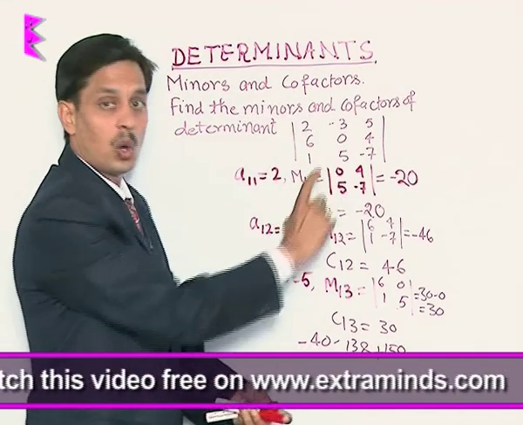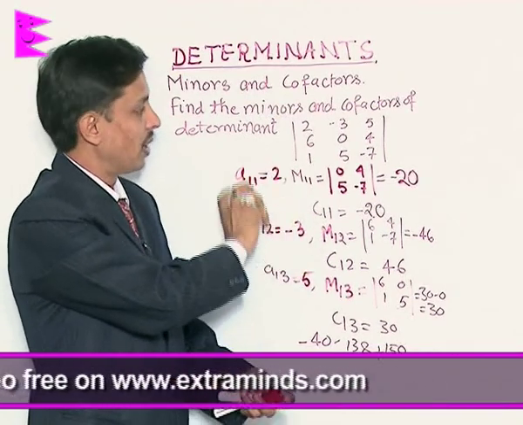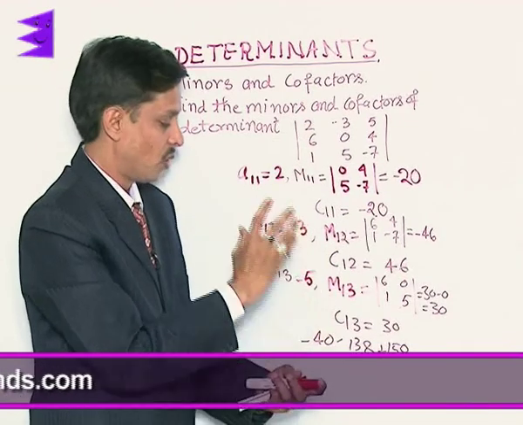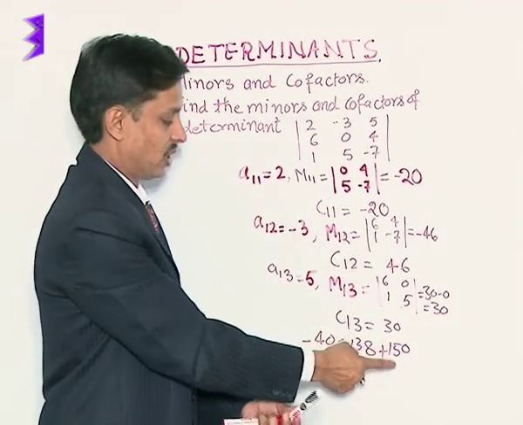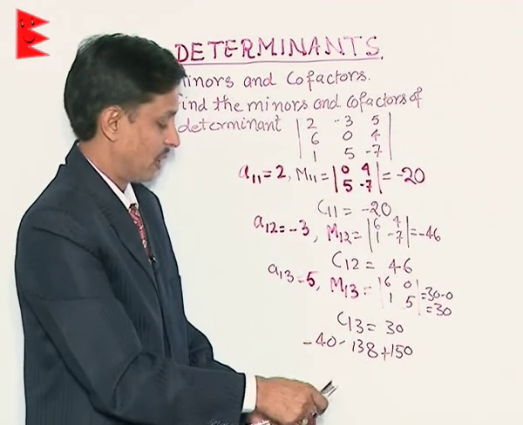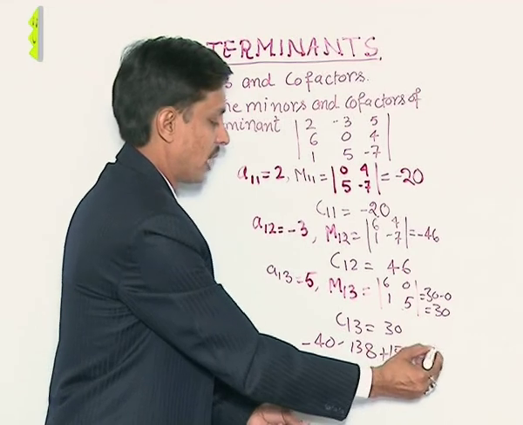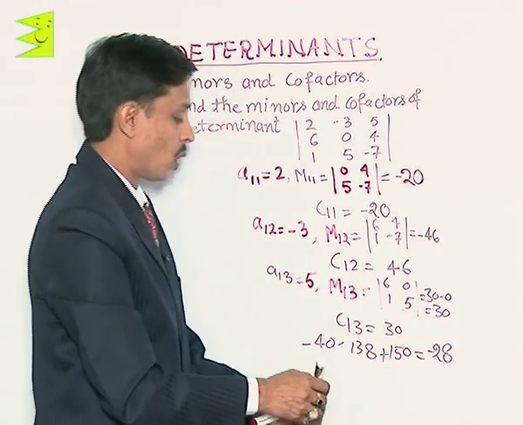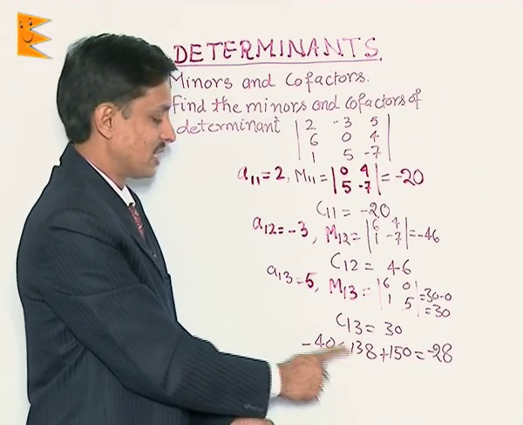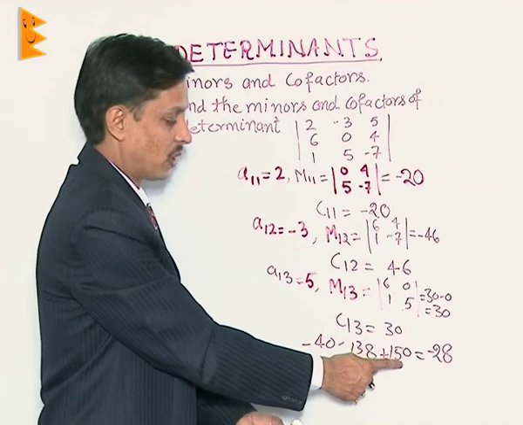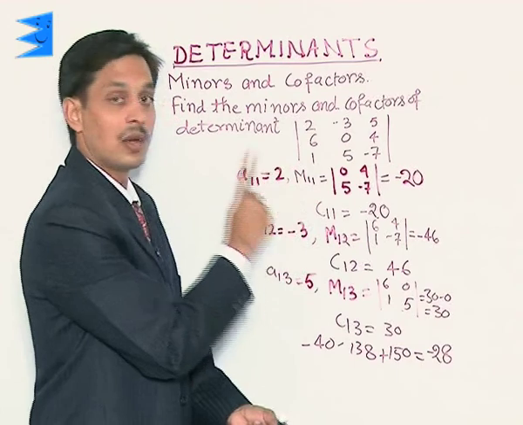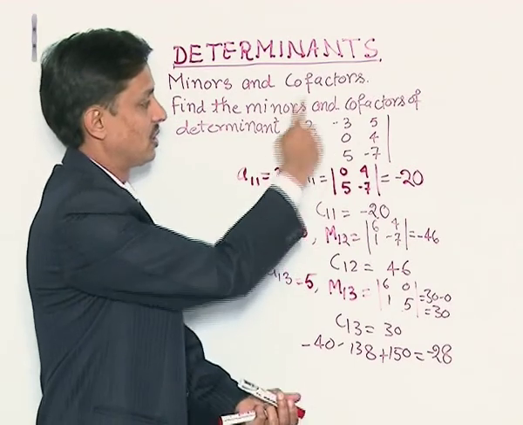If any row or any column's elements are multiplied with its corresponding cofactors, whatsoever value comes, as it is, plus 150 minus 138, the result is plus 12. When plus 12 and minus 40 are added, it gives minus 28. So it was basically 178, and then plus 150, then what is left? Minus 28.